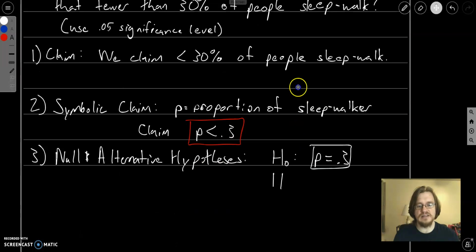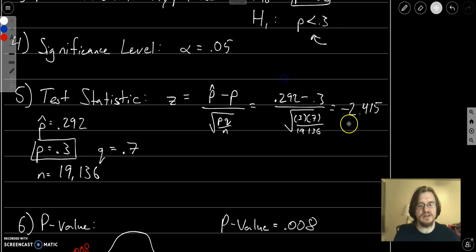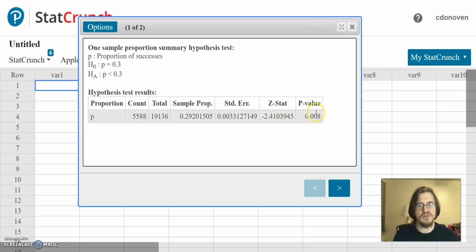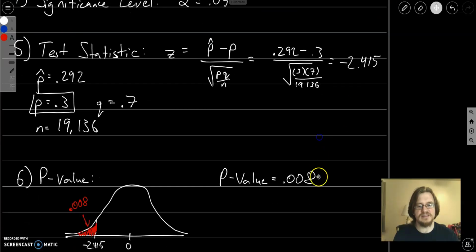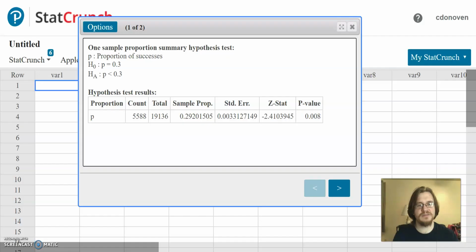This is a little different because of rounding: negative 2.415 as opposed to negative 2.410. However, that third decimal place isn't going to make a whole lot of difference, because the p-value, 0.008, is the same as the p-value that we found. So this whole thing works out.